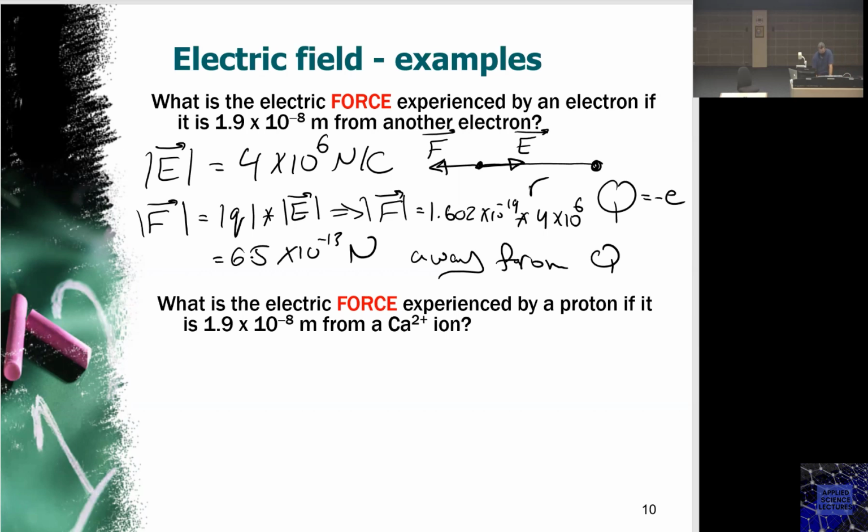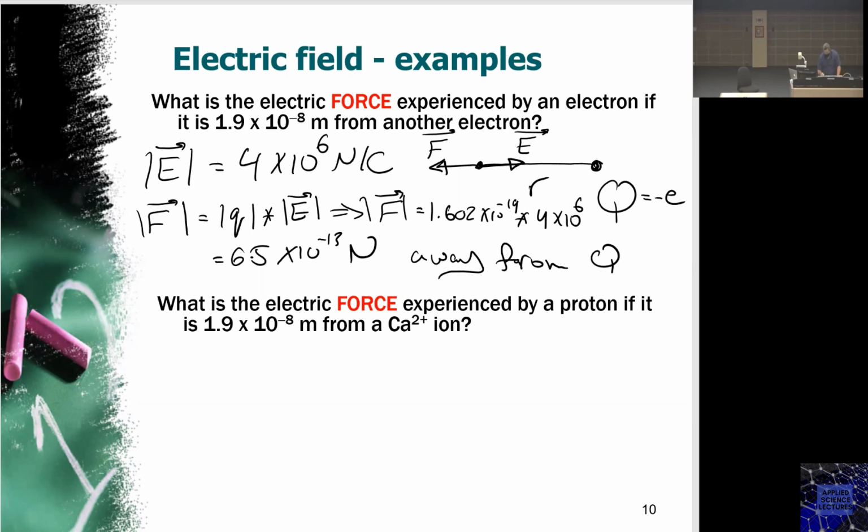Now, the second part of the question is, what is the electric force experienced by a proton if it's 1.9×10^-8 meter from an ion that is positively charged with an equivalent charge of 2 protons? We also calculated the magnitude of the electric field generated by that ion at the same distance.